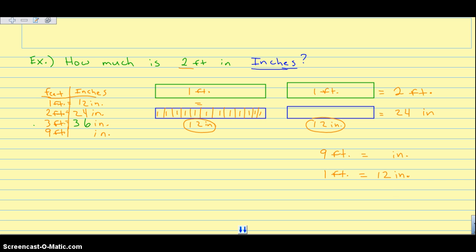So what you should have done is get your 12 inches, multiply that by your 9 feet, and your product should have been, let me write it here, 12 inches times my 9 feet. We all know that 9 times 2 is 18. I carry the 1, I circle the 1. 9 times 1, 9, plus 1, 10. It should have been 108 inches. And there's your simple conversions.